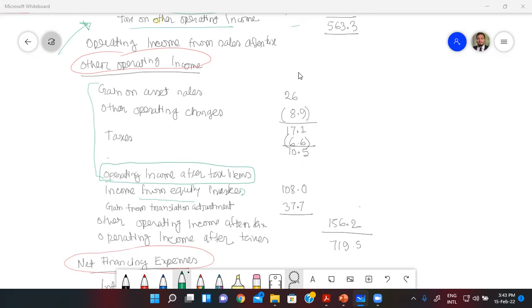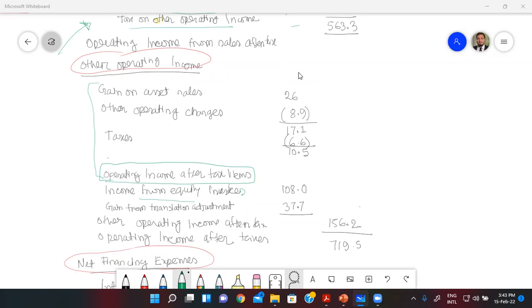Am I clear? Now you see that on page number 331, in footnote 4, they have provided a footnote related to this item, net interest and other income. It has been mentioned that net interest and other income in the 2007 income statement includes the following in thousands of dollars.